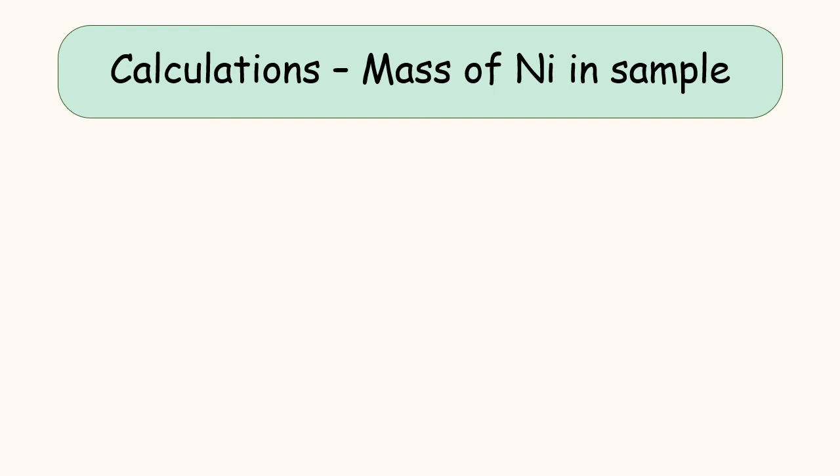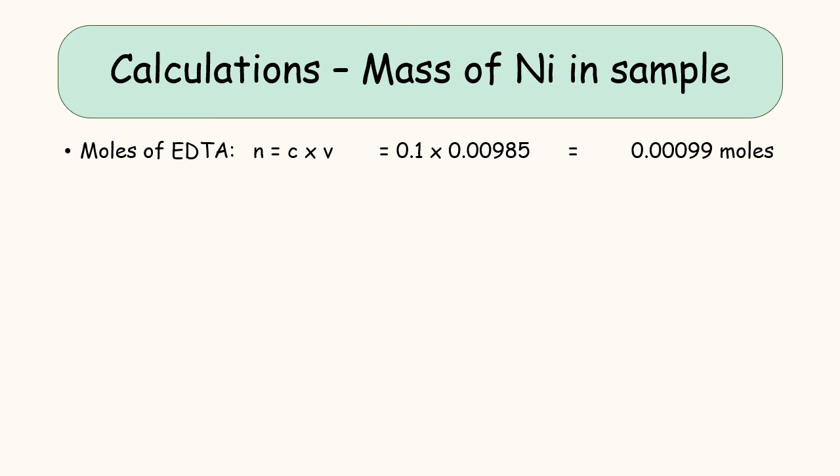So how do we use this to calculate our mass of nickel? Well, the first thing we need to do is work out our moles of nickel from a titration as we normally do, remembering that nickel and EDTA react in a 1-to-1 ratio. So our moles of EDTA: we know our titre is 9.85 cm³, so that is 0.00985 litres.